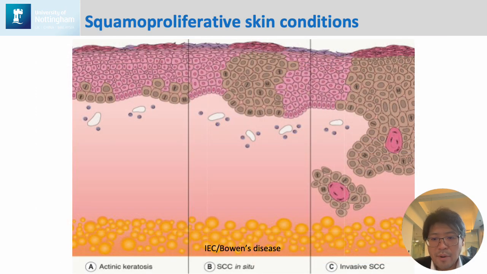Now, we talked about the IEC, so let's talk about squamous cell or squamous proliferative skin conditions. We talked about how UV light is the most important risk factor for skin cancers, and it can cause mutations of the cells. When there are only some changes to the DNA, it can cause actinic keratosis.